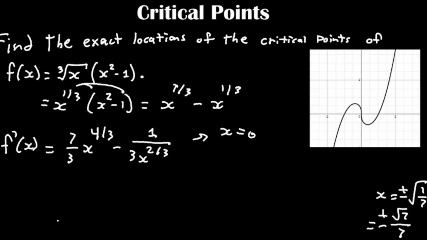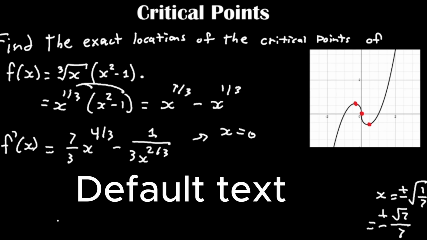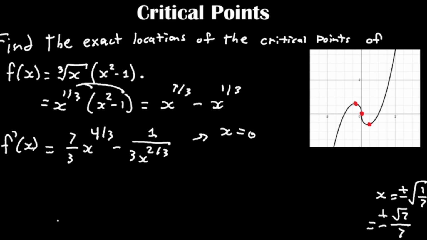We found where f prime is 0 and where f prime is undefined. If you look at the graph, these will all be the critical points, but we want to find the exact locations of those. So we have the x values, but to find the y values, we just plug it back into the original function.